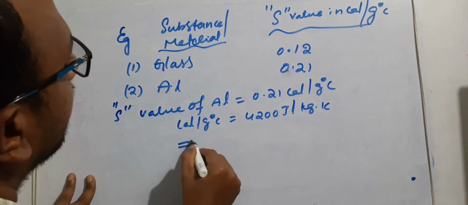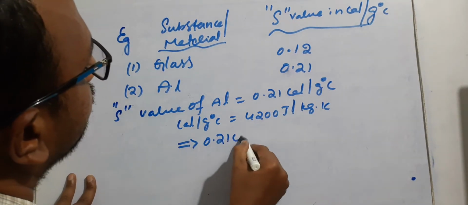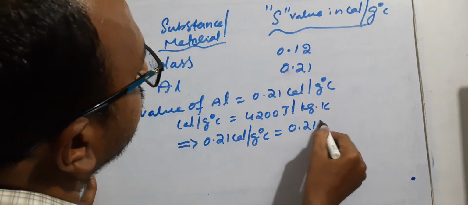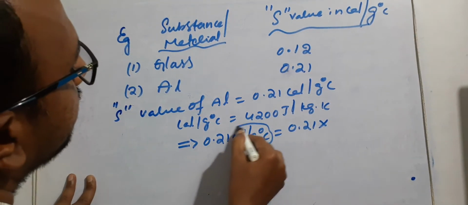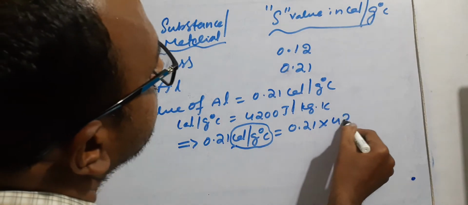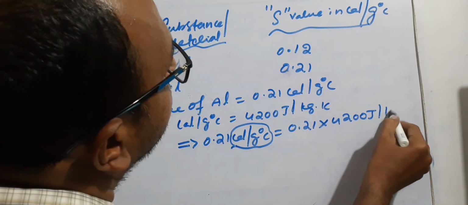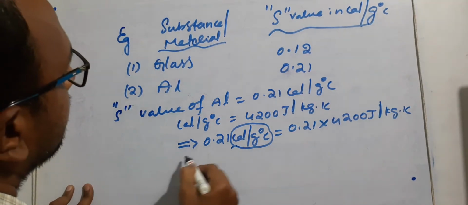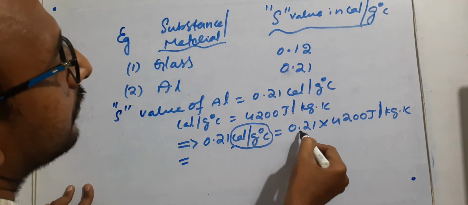So this implies 0.21 calorie per gram degree Celsius is equal to 0.21 into, in the place of this, we can write 4200 joule per kg kelvin, students.